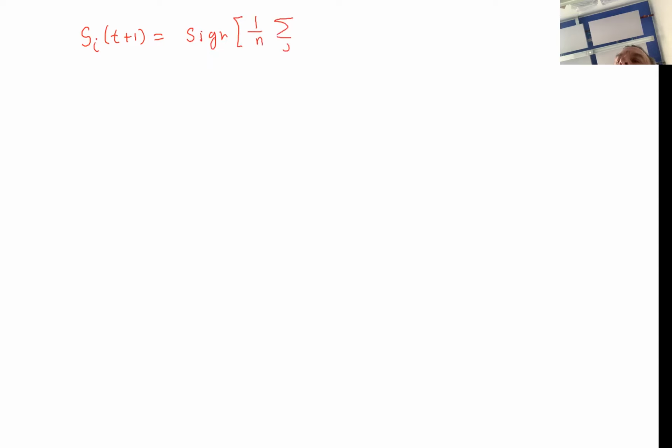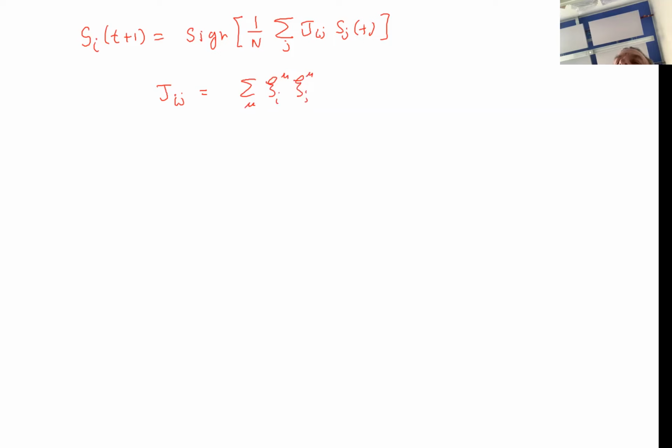However, J_ij is going to be kind of similar: the sum on mu of squiggle i mu, squiggle j mu.